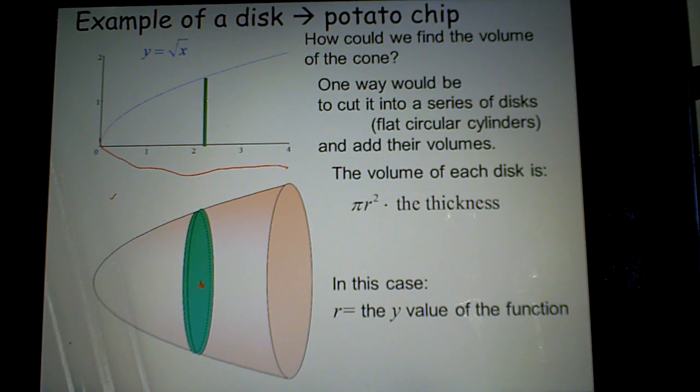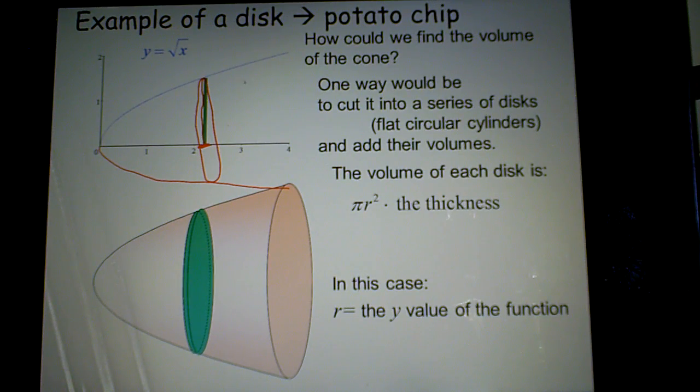Horrible drawing. Let's try that again. See if I can do this again. A little bit better. There's my representative strip. I go from the middle of the figure up to the function and spin.